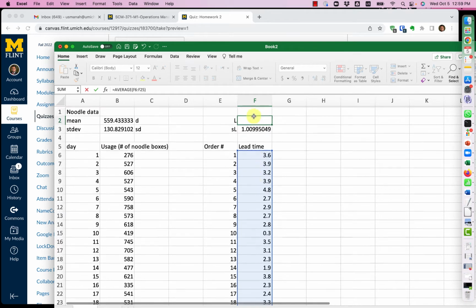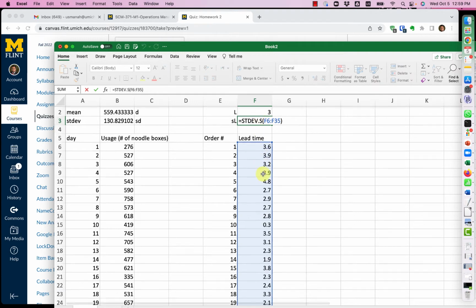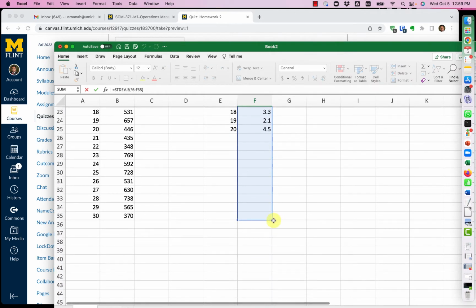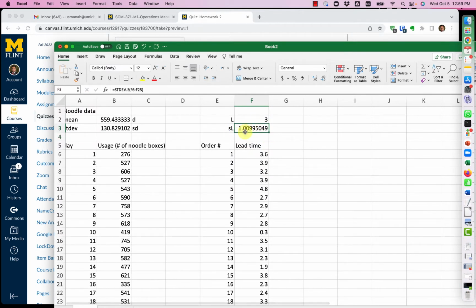Just select the data, and that should be our average lead time. Similarly, we can find the standard deviation of the lead time for the 20 orders that we are given data for, and there is a non-zero standard deviation of lead time, which is called sigma L or SL in the formulas.